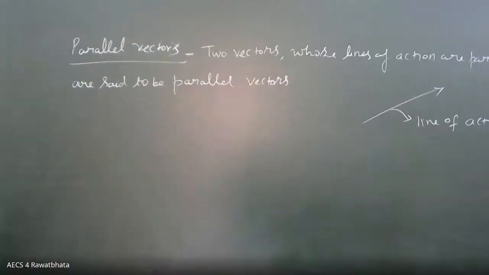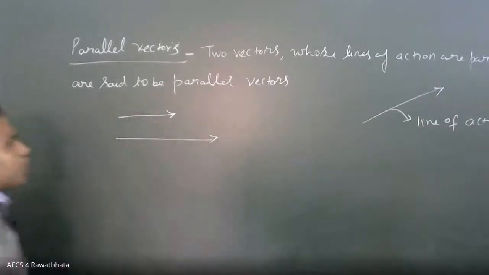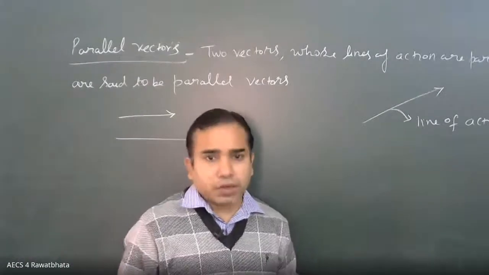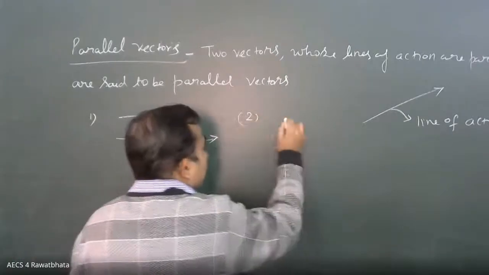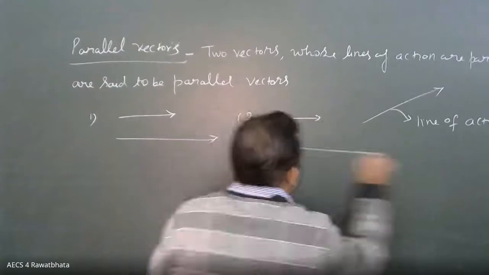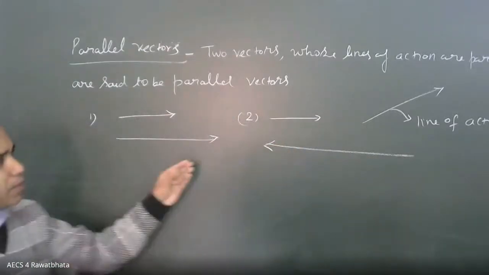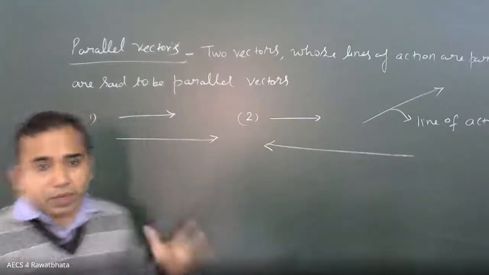For example, if I want to show that these are parallel vectors, parallel means that opposite direction will also work. This is example one. One more example if you want to write: this is one vector, this is another vector. So same direction or parallel opposite direction. This also can be another definition.